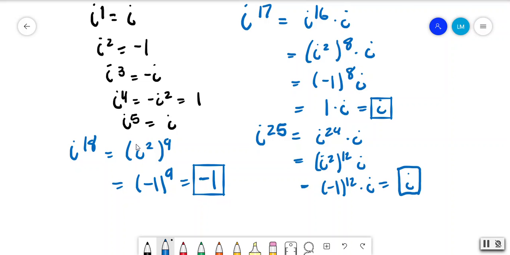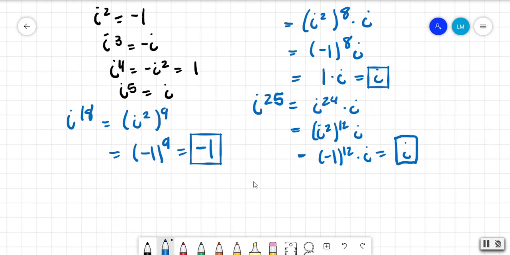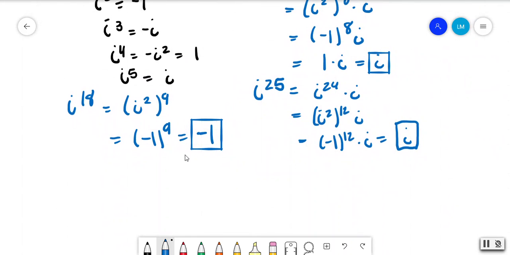Normally, I like to show it using this method, but that doesn't come so clear for some. So that's why it's more like if it's odd, pull an i out. If it's even, just rewrite it in terms of i squared.